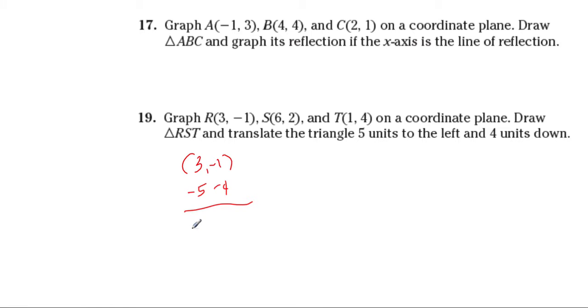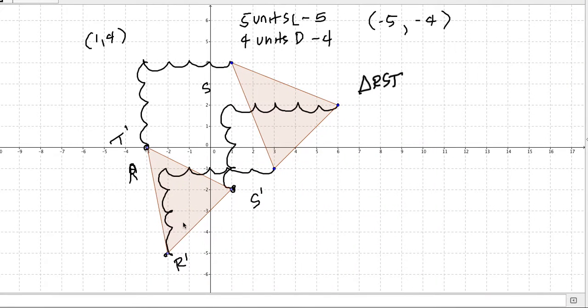So this becomes -2 and -5, and this becomes R prime. If you go back to our GeoGebra, that's what R prime is, -2 and -5.